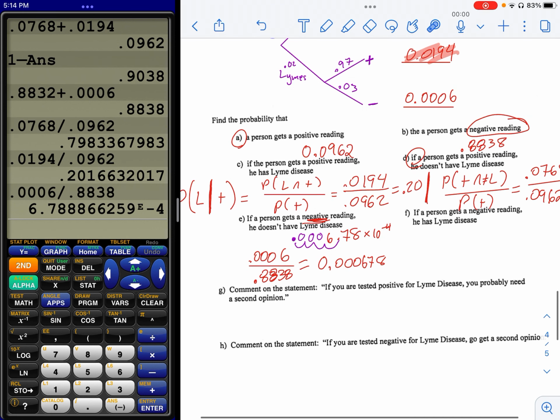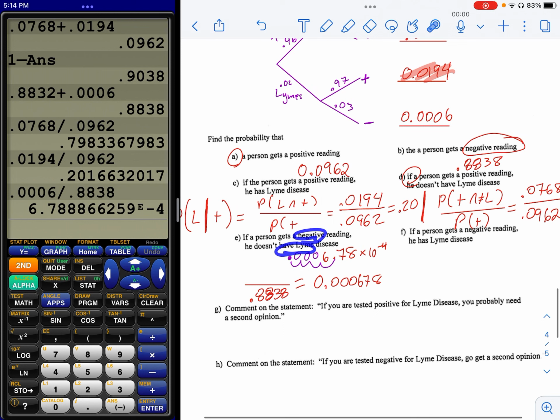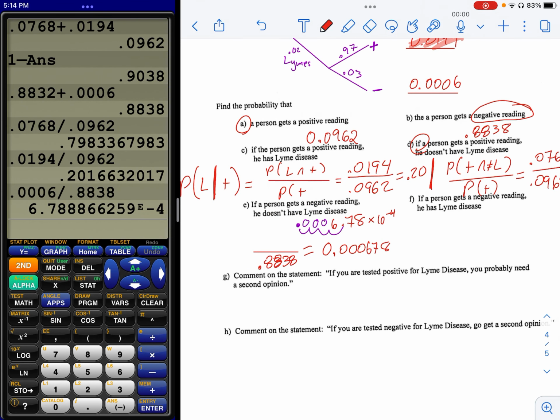Oh, there we go. That makes much, much more sense. My numerator is the probability of both of these conditions being true. A negative reading and not having Lyme's. Negative reading is this number. I chose the wrong one.